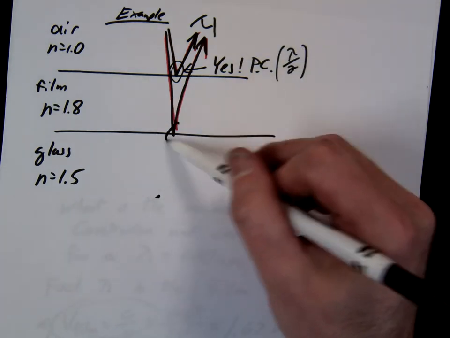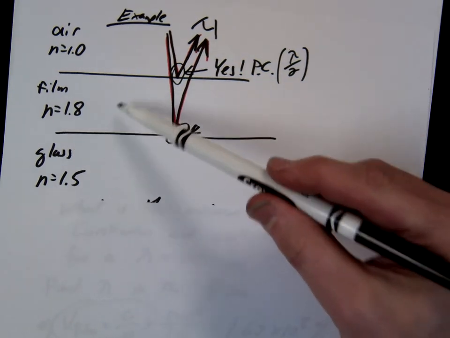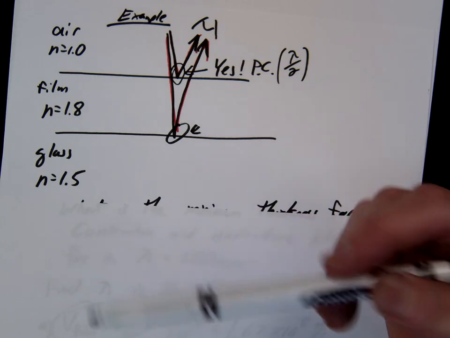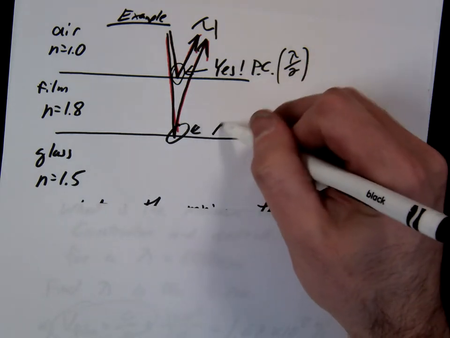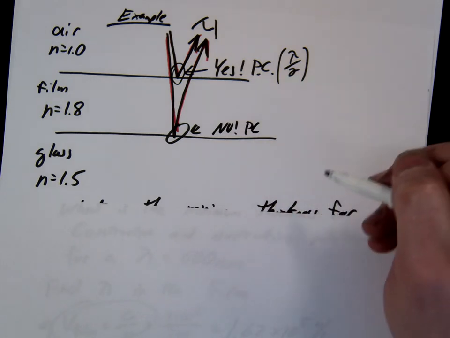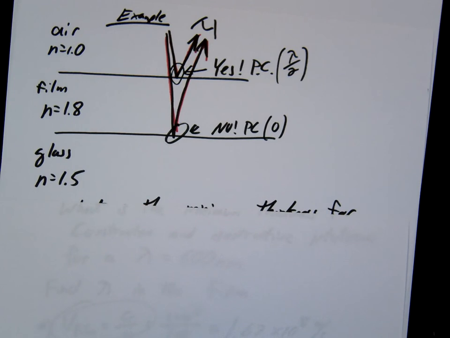Let's look at the second boundary. The second boundary is right here. This is going from 1.8 to 1.5. Is there a phase change there? No. So here we'll say no phase change. So if you want, you could write 0, but there's no phase change there. Okay, so that's kind of how you do it.